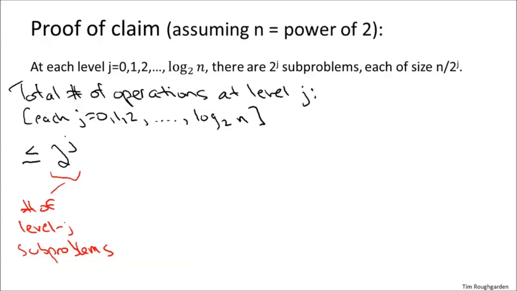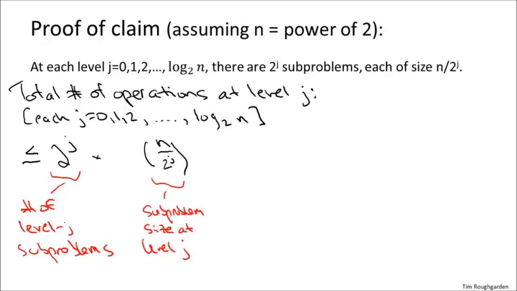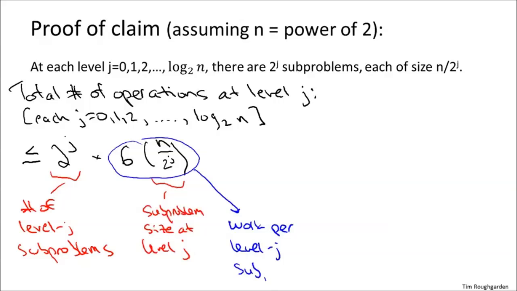And we know that the merge subroutine, when given an array of size n over 2 to the j, will execute at most 6 times that many lines of code. So to compute the total amount of work done at level j, we just multiply the number of problems times the work done per subproblem, and then something remarkable happens. We get this cancellation of the 2 to the j's, and we get an upper bound, 6n, which is independent of the level j.